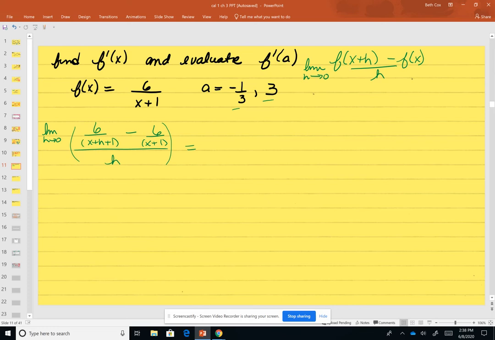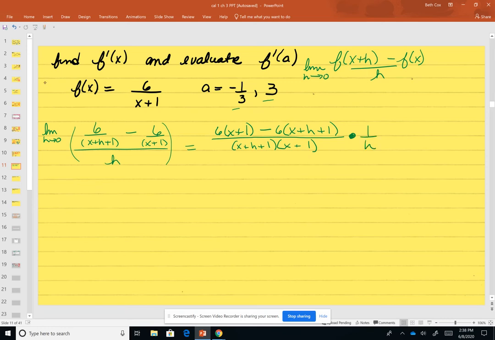And so here we go. I'm going to have 6 times x plus 1 minus 6 times x plus h plus 1 all over the common denominator, x plus h plus 1 times x plus 1, and this is all over h. Now when we did this problem before, I put the h as times 1 over h, and that's still correct.